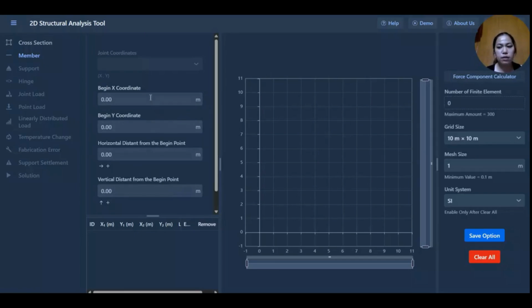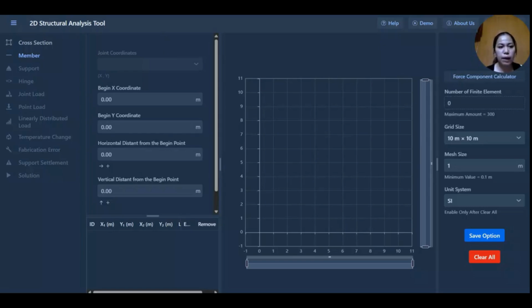We can input the numbers here, and it will show the free body diagram in this area. I choose to start our beginning x coordinate at 0, also y coordinate at 0, and for the horizontal distance, it's the distance from the beginning to where our member ends.